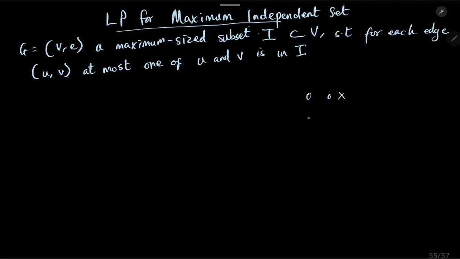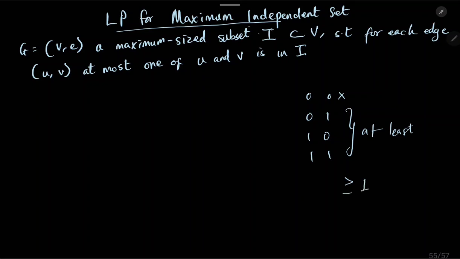We don't want this. So we want either this, or this, or this. So this is the at least case, right? And that's why in the constraint formulation, we have greater than or equals 1.